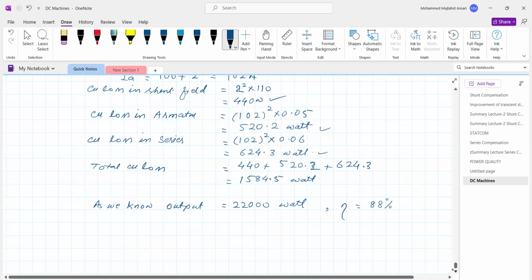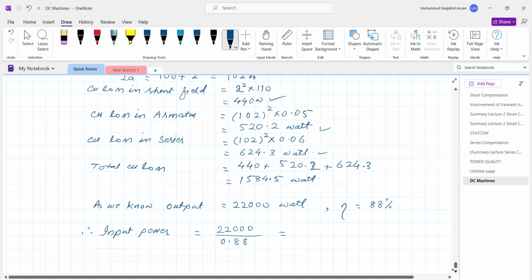Therefore, input power is equal to 22,000 watt divided by efficiency 0.88.